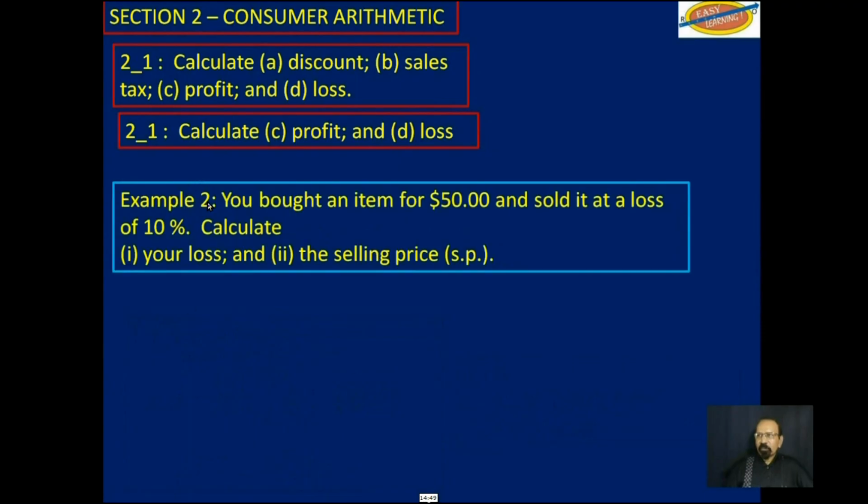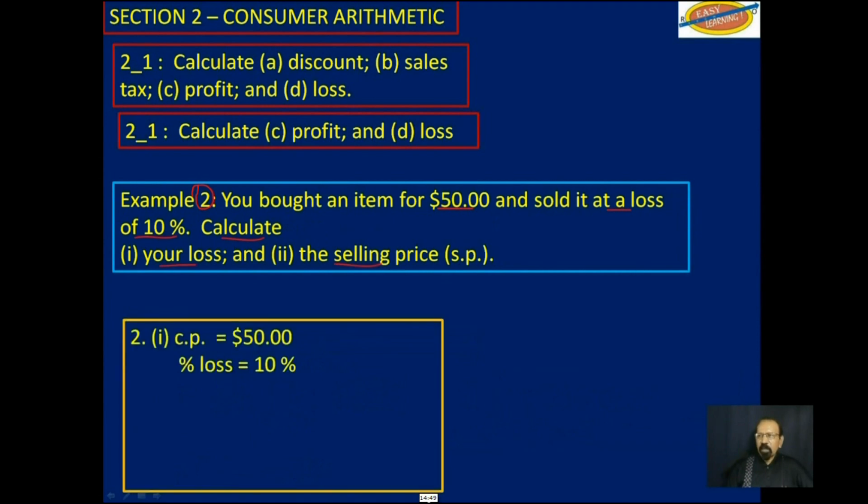Next question. Example 2. You bought an item for $50 and sold it at a loss of 10%. Calculate your loss and the selling price. So the cost price is $50. But when you sold it, you sustained a loss of 10%.